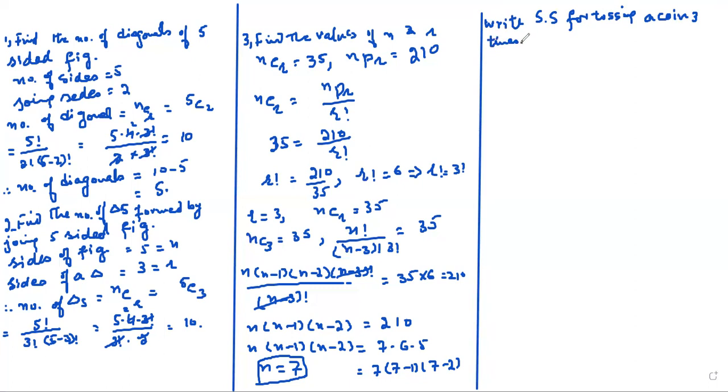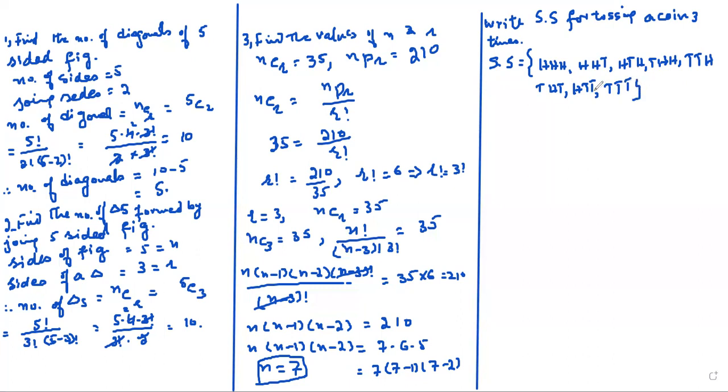It is very easy. S equals 3 heads, then 2 heads. 2 heads means 2 heads and a tail: head, head, tail; head, tail, head; and tail, head, head. Then 2 tails: head, tail, tail; tail, head, tail; and tail, tail, head. And then comes 3 tails: tail, tail, tail.